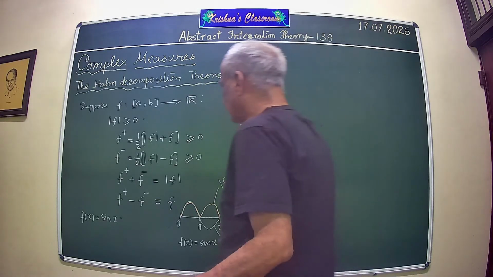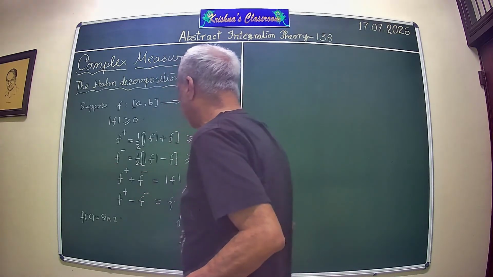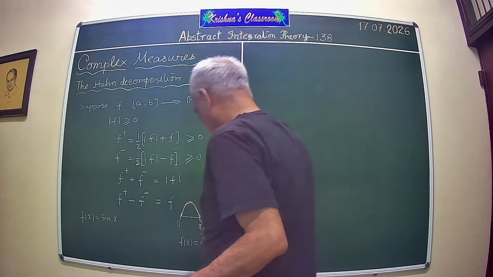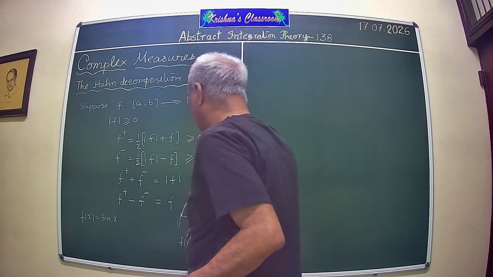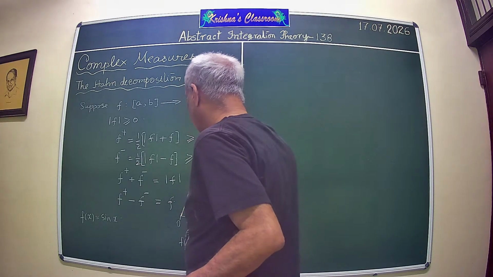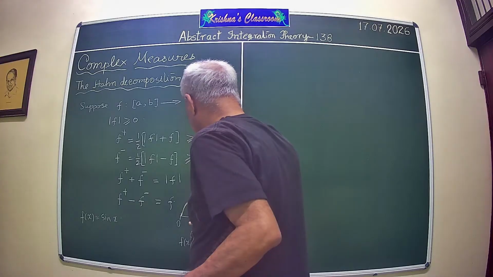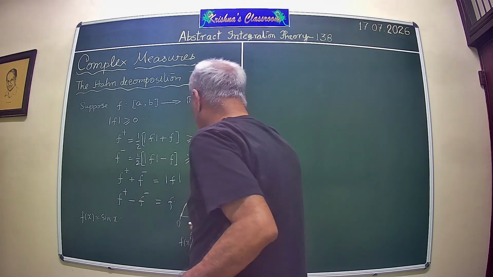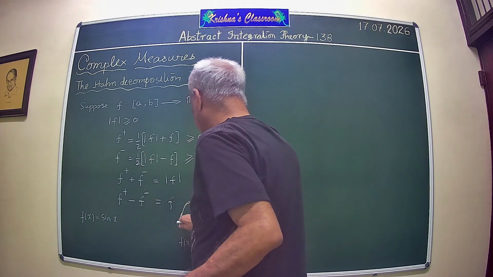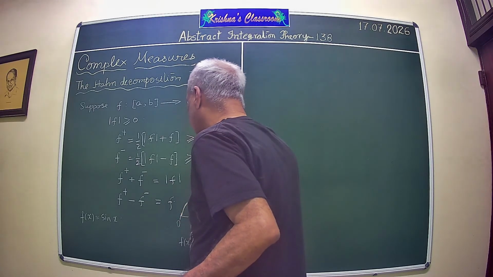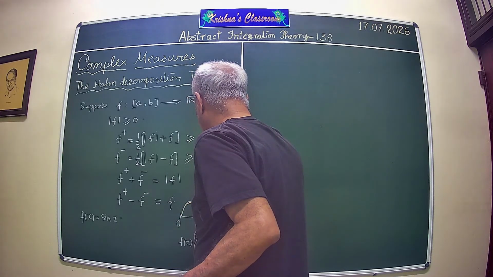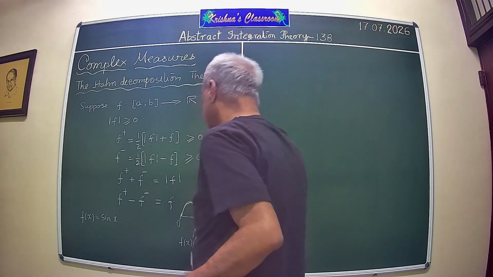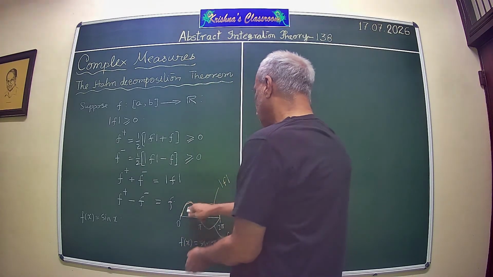And f minus, as half of mod f minus f, would be the reflection of this. From 0 to pi, it is going to be the 0 function, and over here it will give you this part. So you have two non-negative parts.